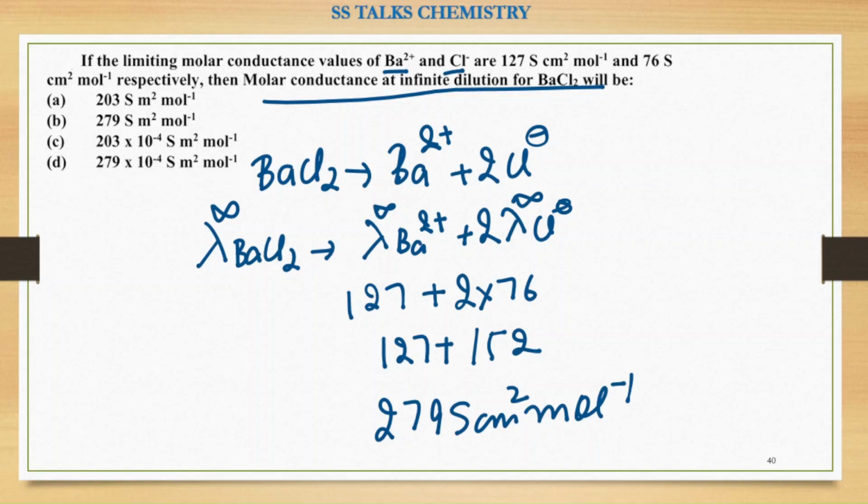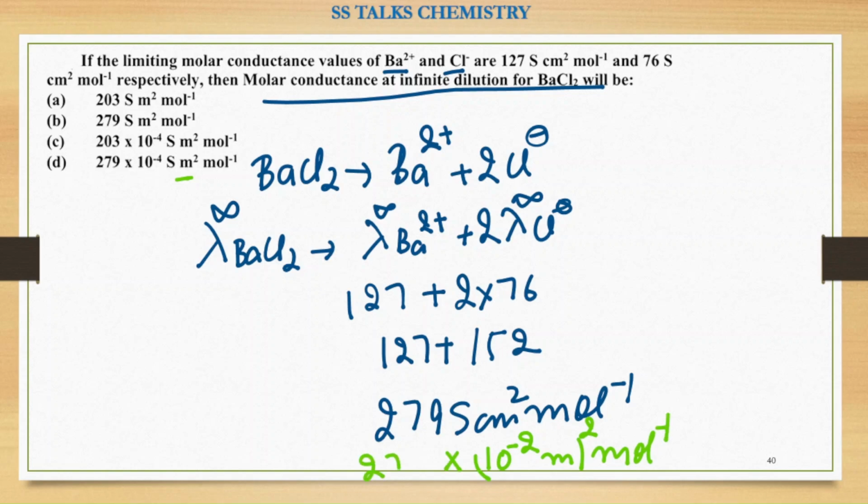Here, if you see, the units given to us are in meter square. So convert this centimeter into meter now. So 10 raised to the power of minus 2 in meters, squared, you will be doing it. Here the mole inverse.